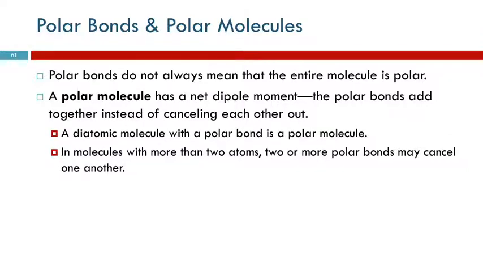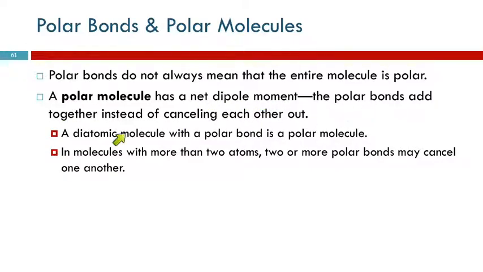Okay, so we're going to combine polar bonds with molecular shapes. You can have a molecule that has polar bonds, and yet overall the entire molecule is not polar. A polar molecule is one that has a net dipole moment.